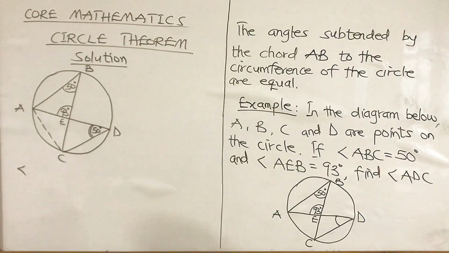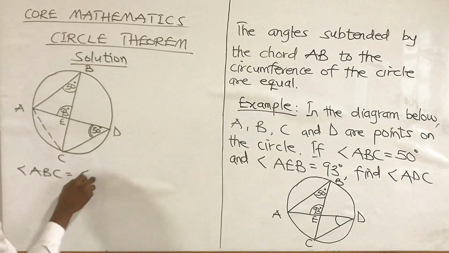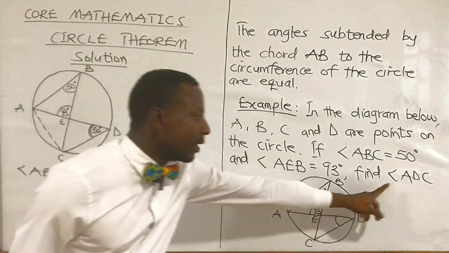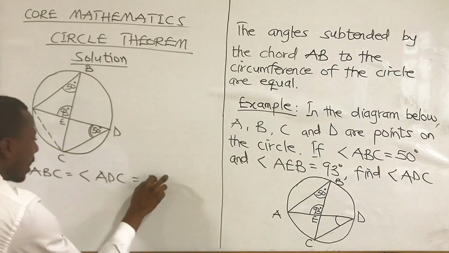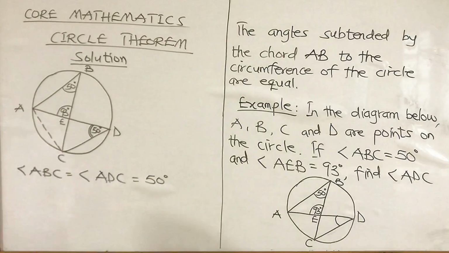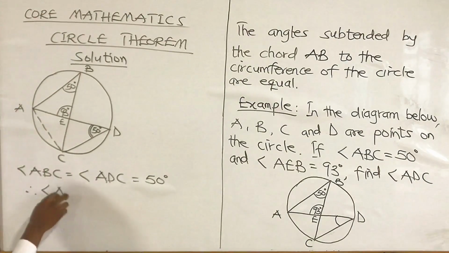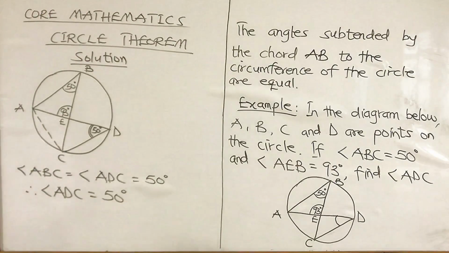So I can boldly say that angle ABC is equal to angle ADC, and they are all equal to 50 degrees. So therefore, angle ADC is equal to 50 degrees. And we can provide the reason.